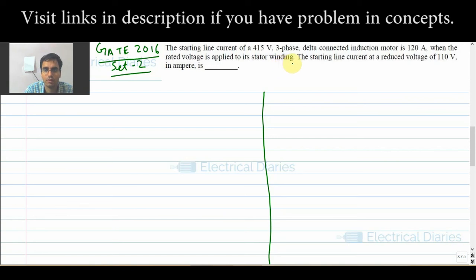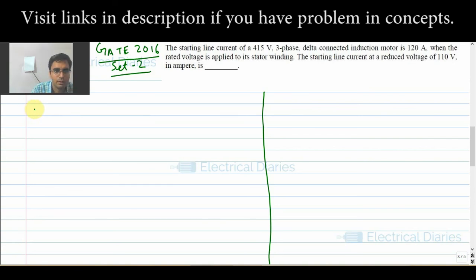See, this is a delta connected induction motor, and we have to find out the starting current.